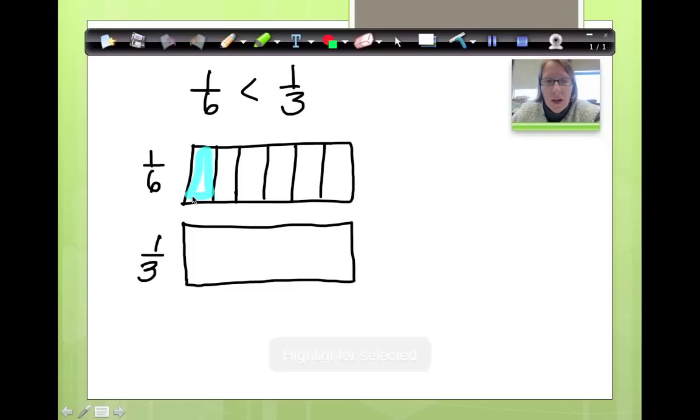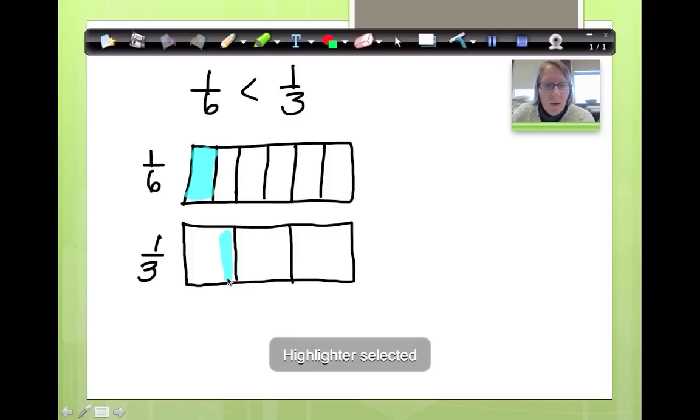Shade in 1/6. Now, this one is 1/3. If I kind of use the same lines, see how I compared when I was drawing? It showed me how to make it as equal as possible. Now I need to shade in 1/3.